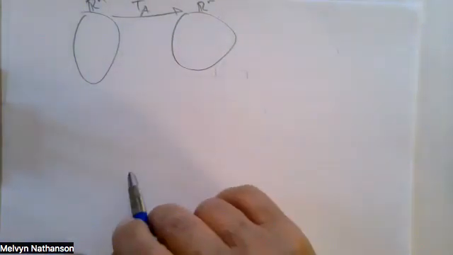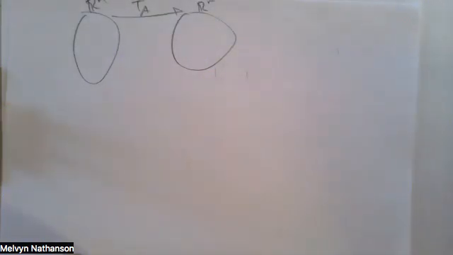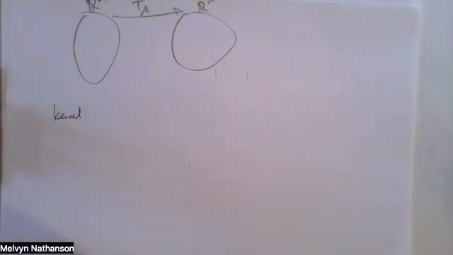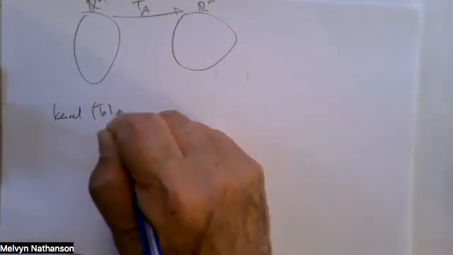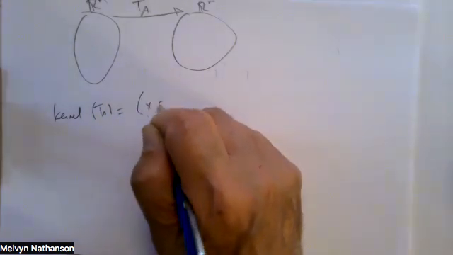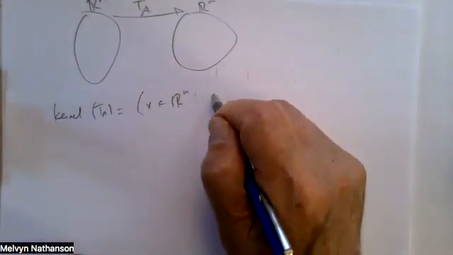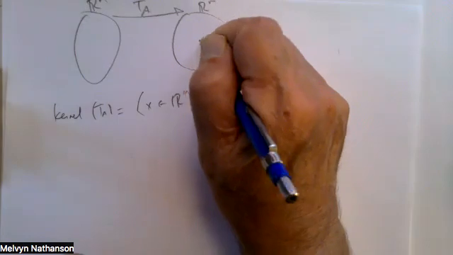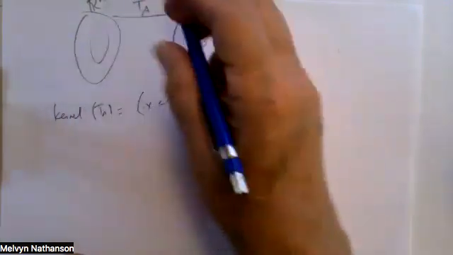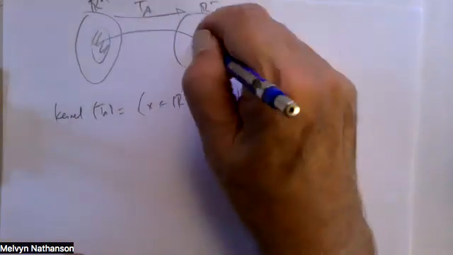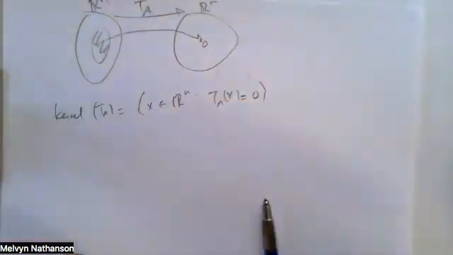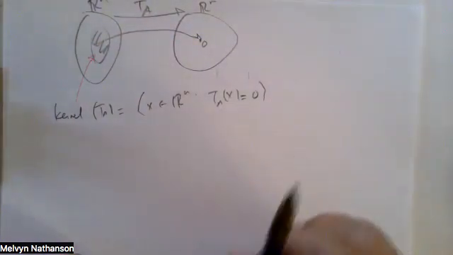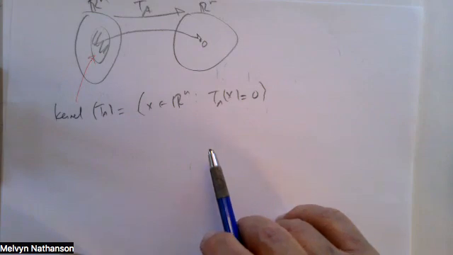So what is called the kernel of the linear transformation T sub A is all vectors x in Rn that get mapped to 0. So over here is the 0 vector, and anything that gets mapped to 0, that's the kernel of the linear transformation.